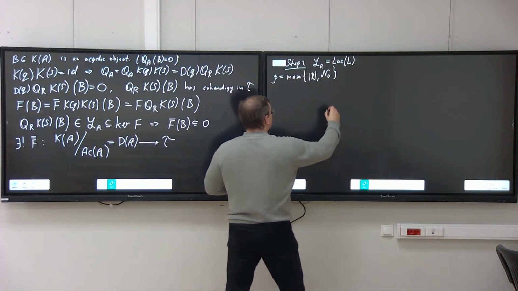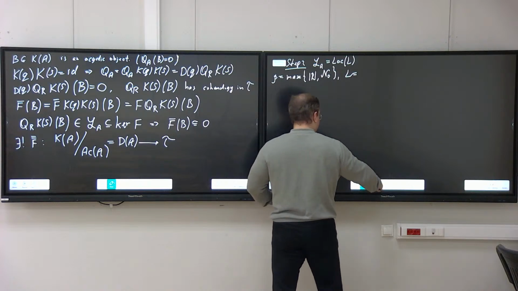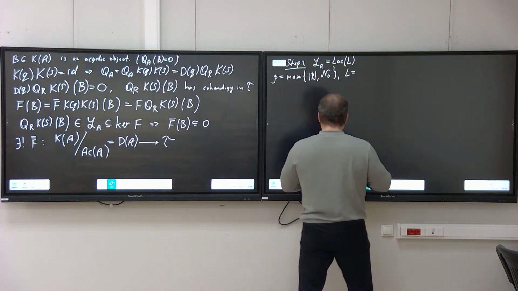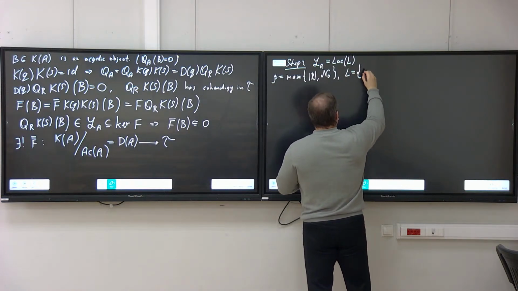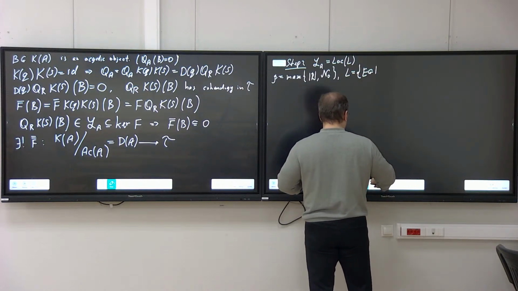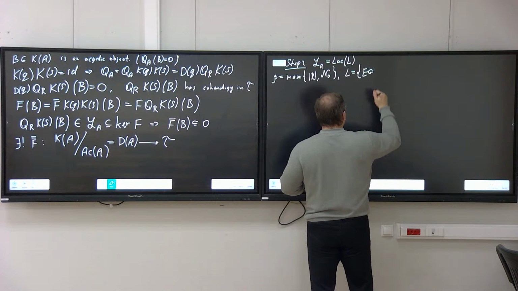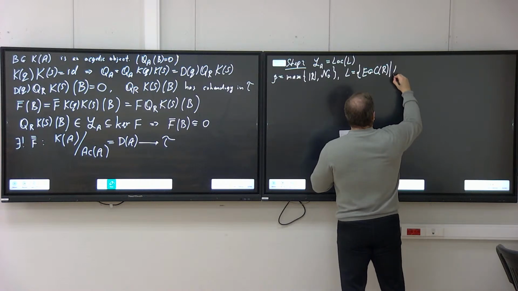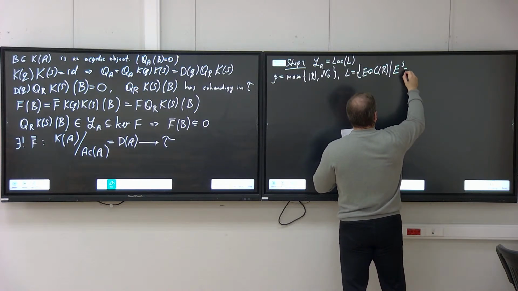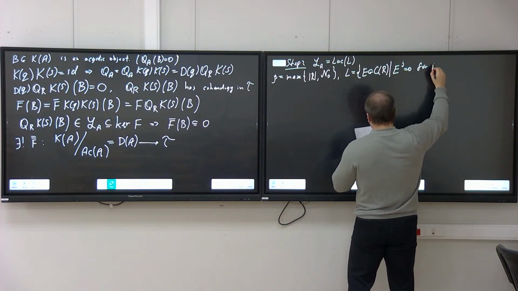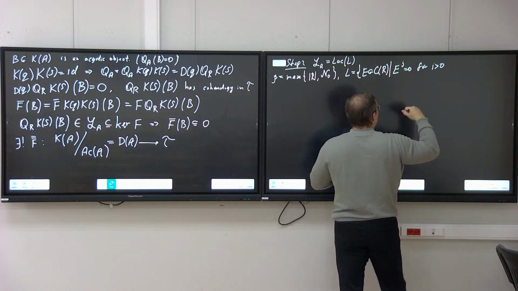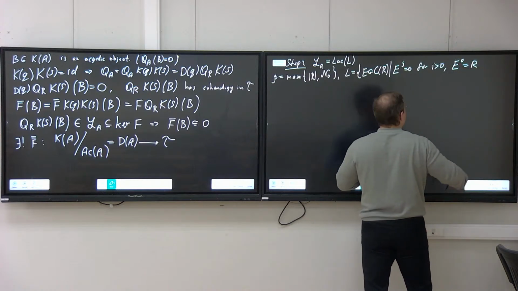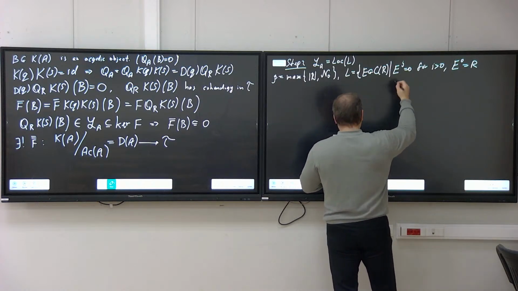So now let me give a definition of the set L. So L is defined to be all the objects E, which are the complexes of the ring R, such that E^j is equal to 0 for j positive, then E^0 is the same as the ring, and for negative j I have the following.